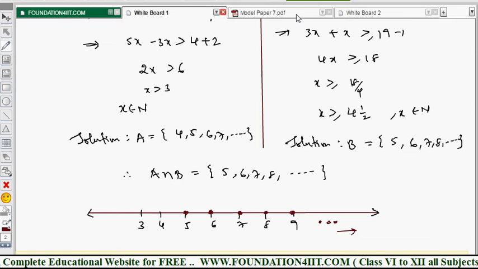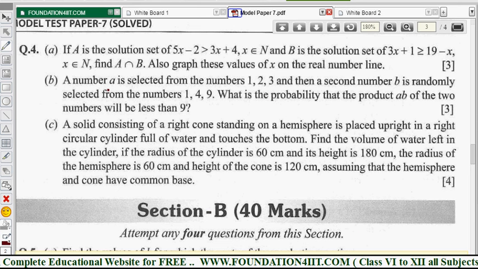And see the next one. Second is from probability. A number A is selected from the numbers 1, 2, 3 and the second number B is randomly selected from the numbers 1, 4, 9. So what is the probability that the product AB of the two numbers will be less than 9? So we should prepare the sample space first.